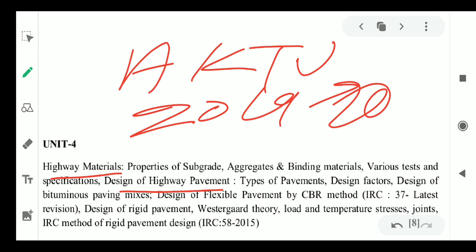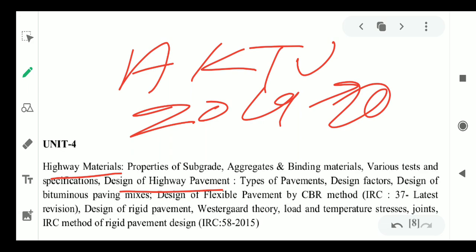Subgrade means the soil portion, or the foundation of the road. Another material is aggregates and binding materials. Aggregates are the crushed stones, and binding material is bituminous or cementitious material.